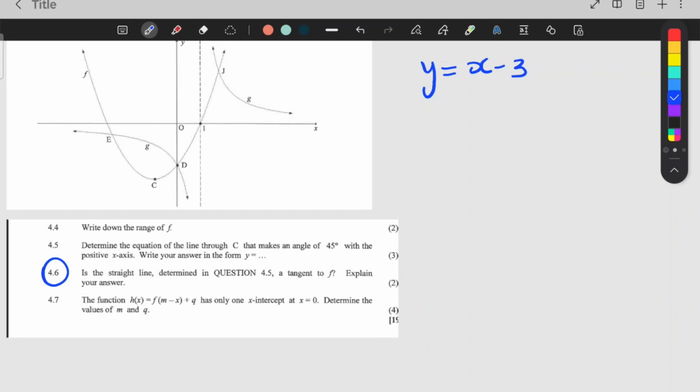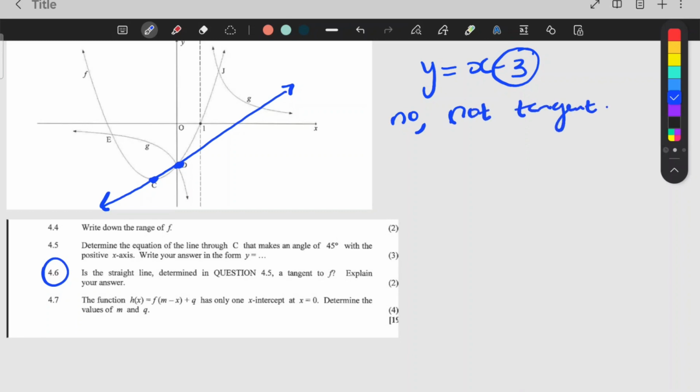If you look at this graph, do you see this negative 3? It means that line will go through C and D, because the y-intercept of this straight line is negative 3. So the straight line will go like this. And can you see it touches the parabola twice? So then no, it's not a tangent.